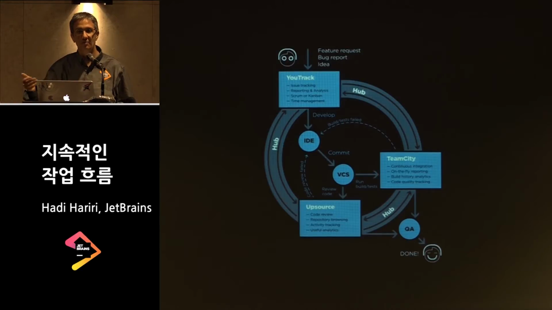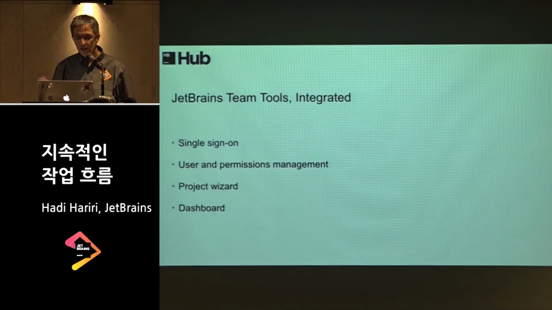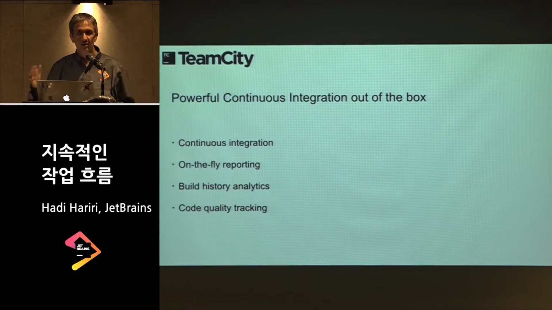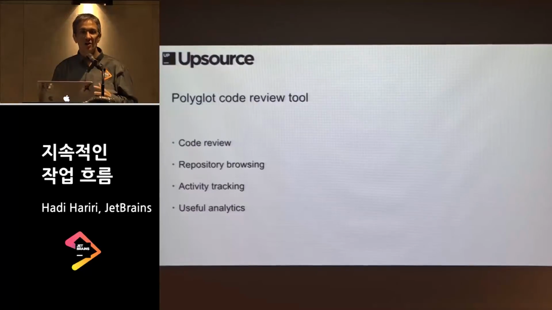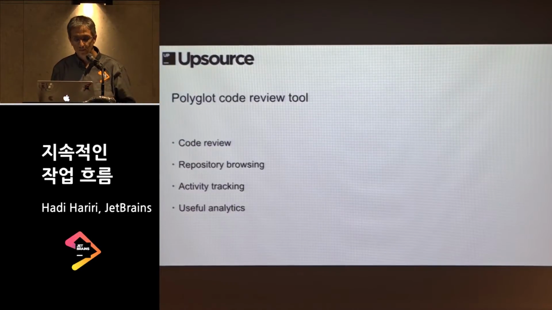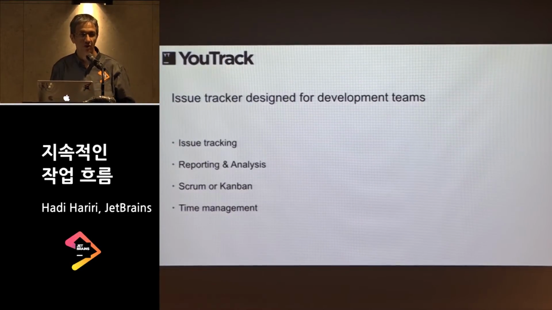It integrates with OAuth providers such as GitHub, etc. Then we've got TeamCity, which is our continuous integration server tool. It's been around for 10 years. It was around before Hudson and Jenkins. It goes from very, very small to very, very large installations. Well, I'll show you a quick demo of that. UpSource, I'll show you, which is our code repository and code review tool, and UTrack, which is our issue tracker.